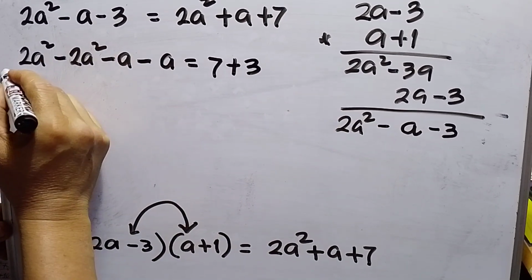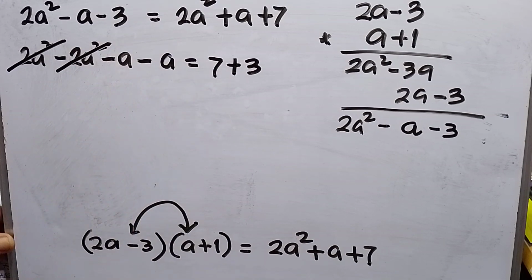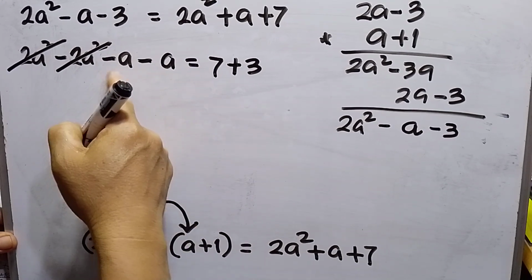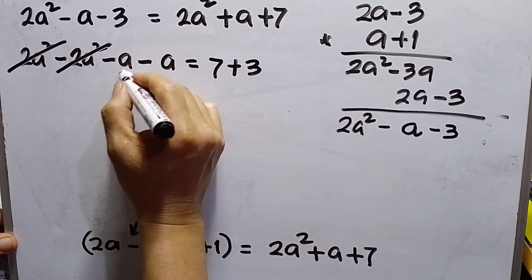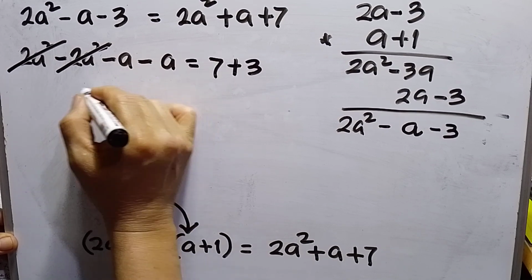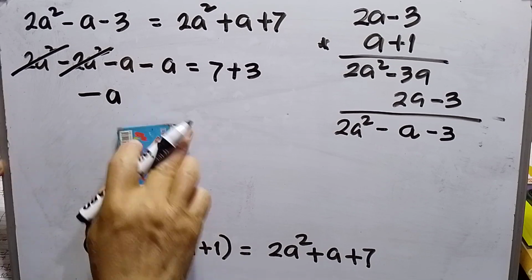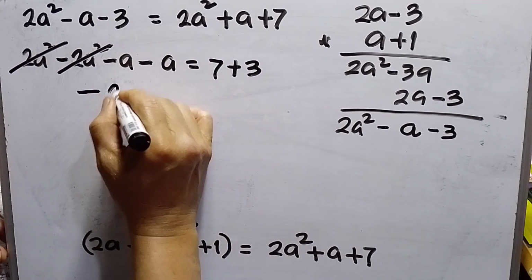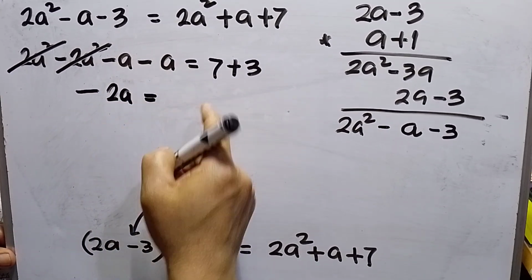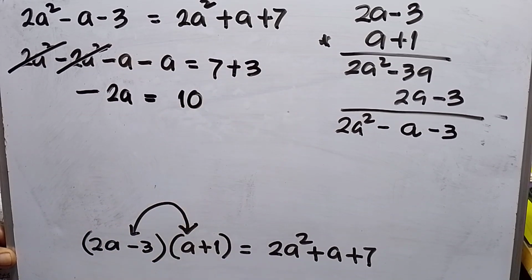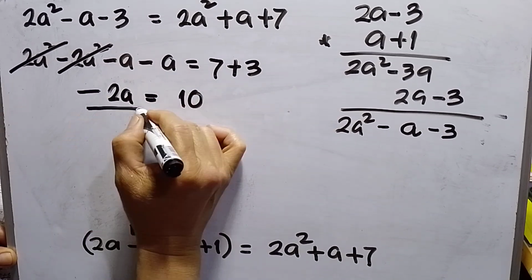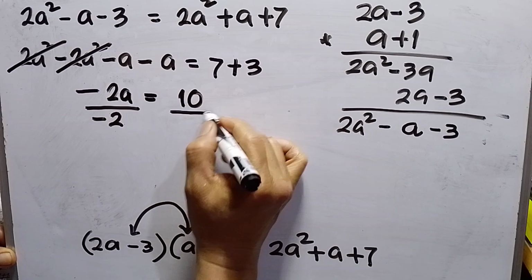So minus 2a squared, that will be crossed out. Minus a, since they have the same sign, take the common sign, minus a, 2a, because 1a plus 1a, that is 2a. And then this will be positive 10. To solve the value of a, I need to divide by 2 both sides.